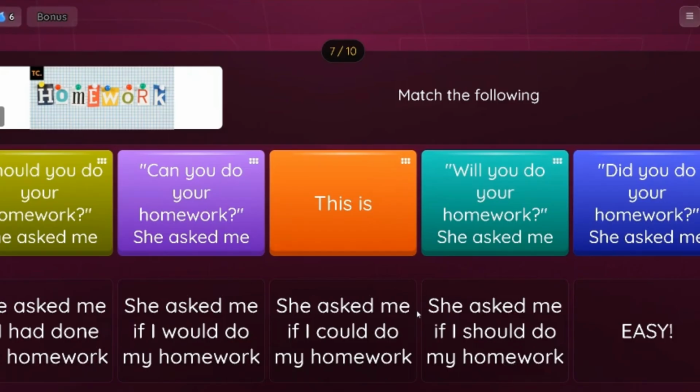Should you do your homework? She asked me with the fourth one. She asked me if I should do.